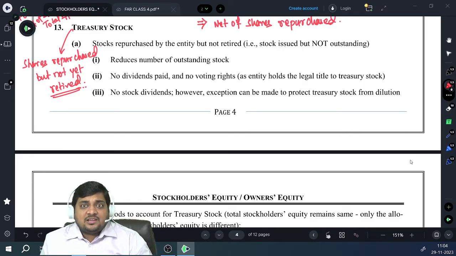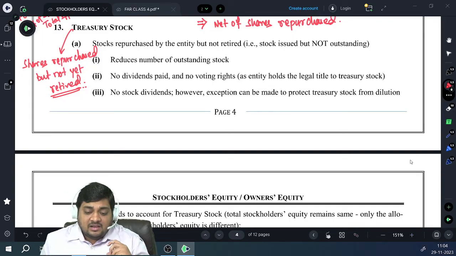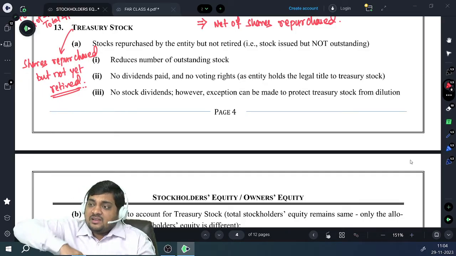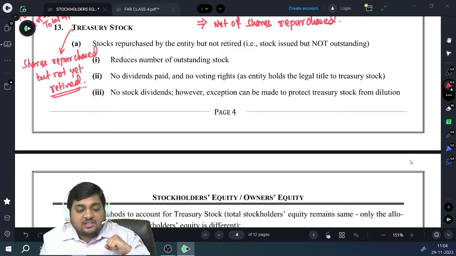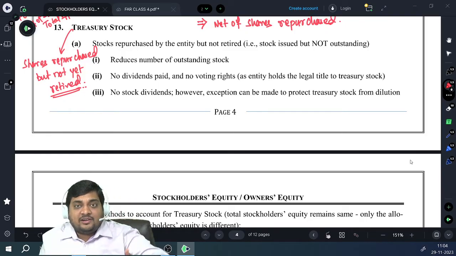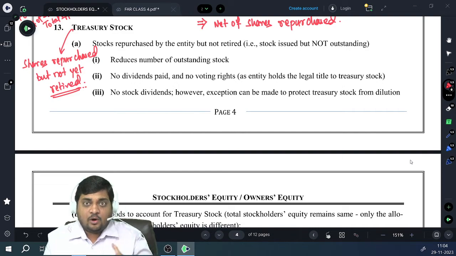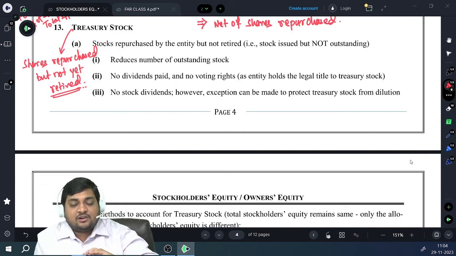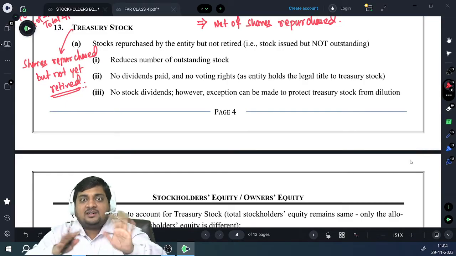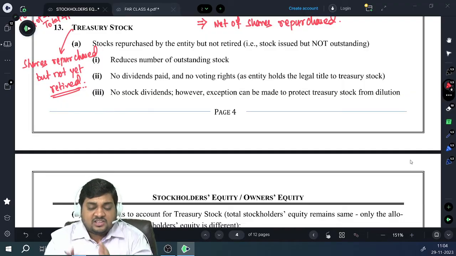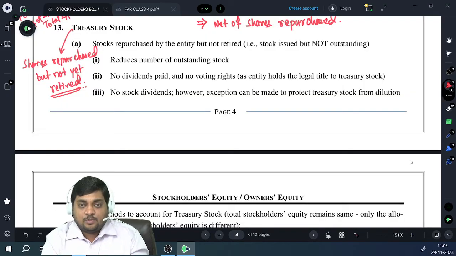Now if I retire a stock, means if I do buyback, it is permanently cancelled, but if I repurchase and simply hold it, there might be a case whenever I require funds, I can again reissue it in the market, right? So treasury stock means share repurchased but not yet retired. This is very important. And retirement means you cancelled it off. You just destroyed the share certificate, right? Out here the share certificate is with the treasurer of the corporation, the company, right? The company is the legal owner now.